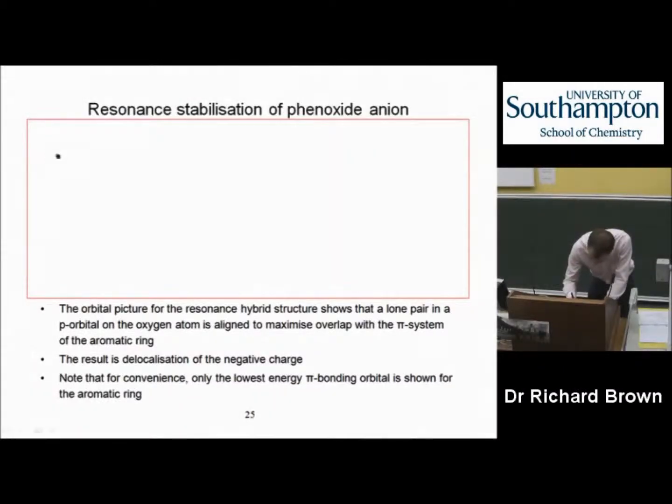Right, so here's our phenoxide ion. So we're looking at how this is stabilised through resonance. Okay, so we can draw a pair of curly arrows, one going down there.